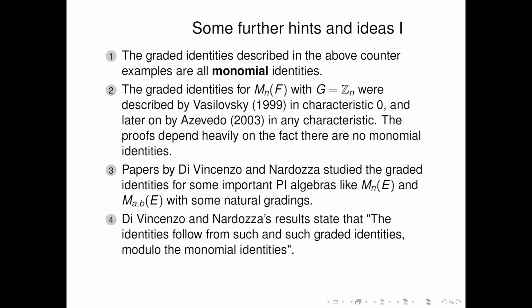Later on, Di Vincenzo and Nardozza studied the graded identities for some very important algebras in PI theory, like n by n matrices over the Grassmann algebra, or other algebras I'm not going to discuss, and the results state more or less this way: the identities follow from some finite list of identities, modulo the monomial identities.